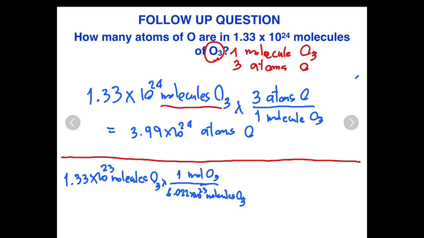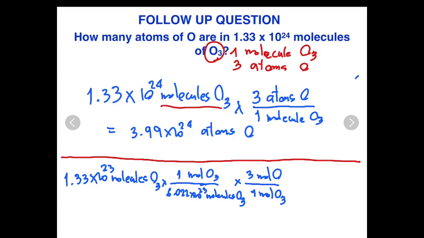Now think about this. If you want to use the mole to mole ratio, every 1 mole of ozone contains 3 moles of oxygen. So the ratio can be written as 1 mole of ozone equal to 3 moles of oxygen. So that's the mole ratio.